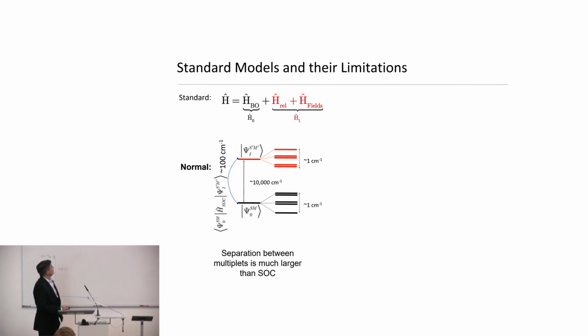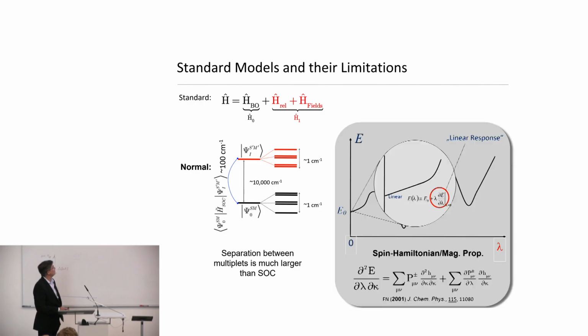What will happen then is that this perturbation, or any of the others I've talked about, creates splittings on the order of, say, roundabout 1 wave number. Yeah? And that would then be probed by an EPR experiment. Everything is honky-dory, nice and beautiful, and you can express it in terms of the spin Hamiltonian.